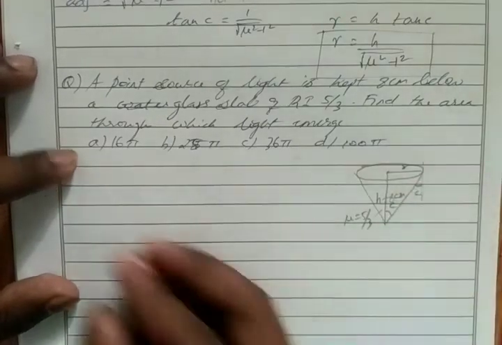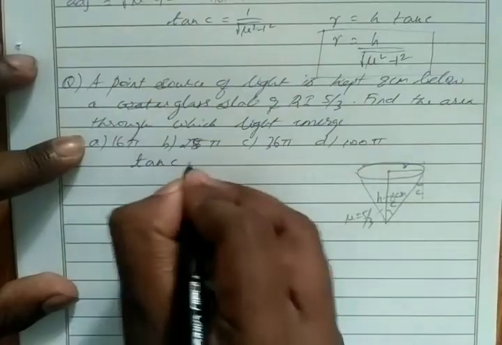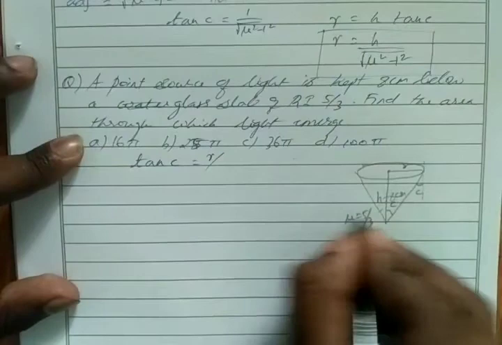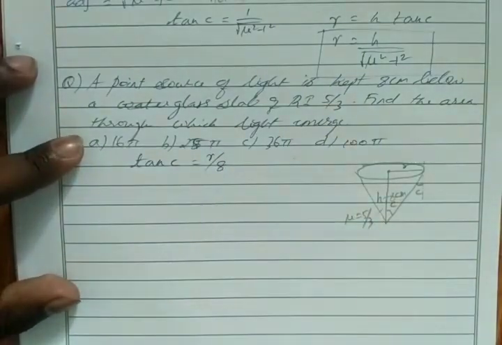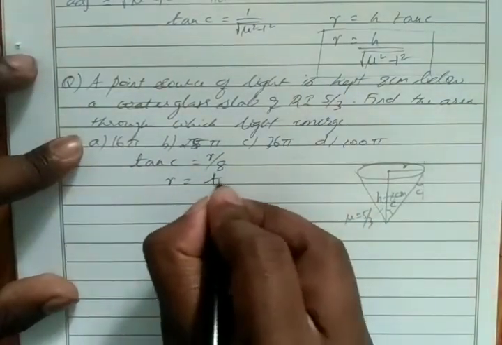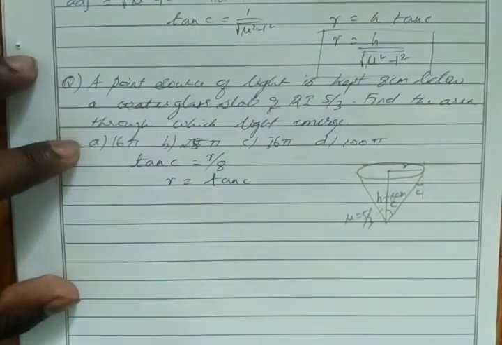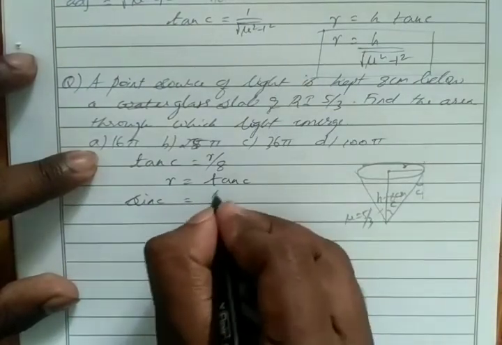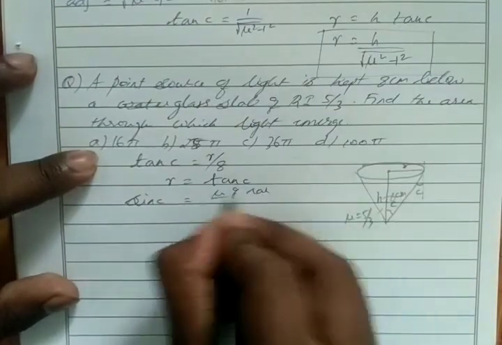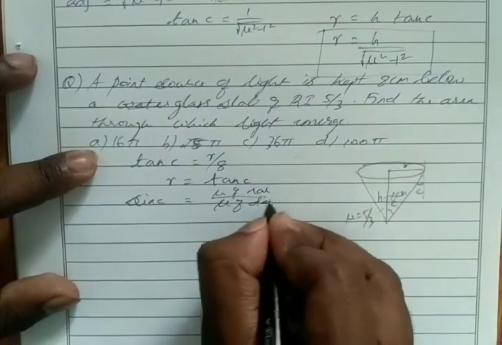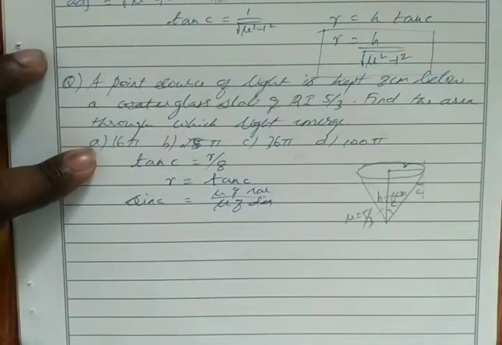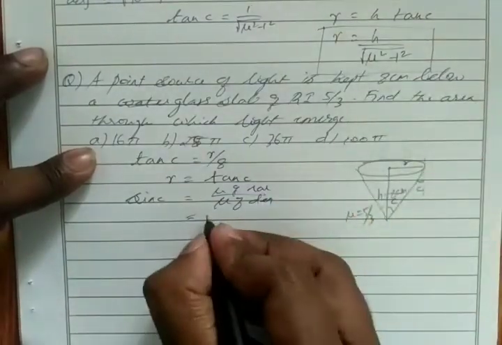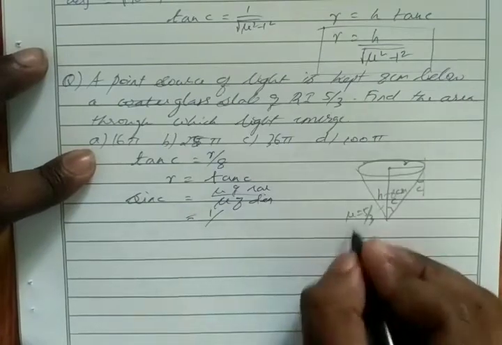Substitute for tan theta. Tan theta equals opposite by adjacent. So r is opposite, adjacent is the height 8 cm. Then r equals 8 tan C. Use the critical angle formula: sin C equals refractive index of the rarer medium divided by refractive index of the denser medium. What is the refractive index of the rarer medium? It is air, so 1, divided by the refractive index of the denser medium, 5 by 3.